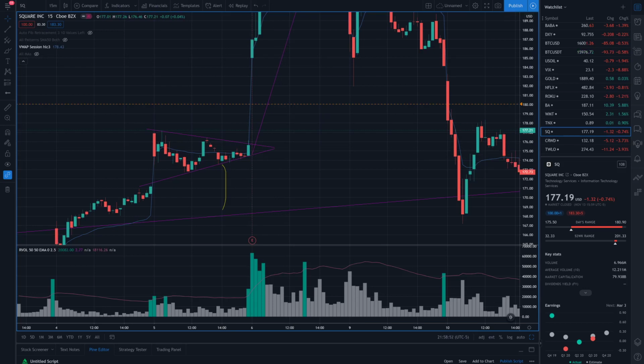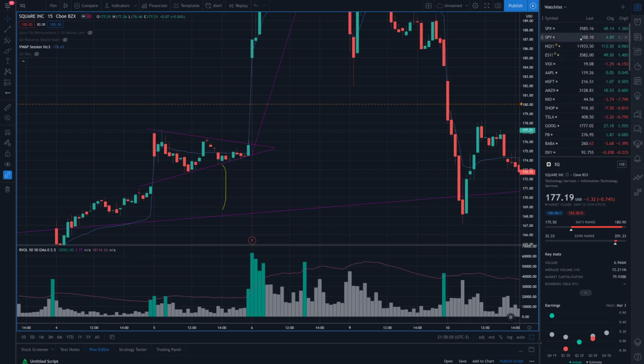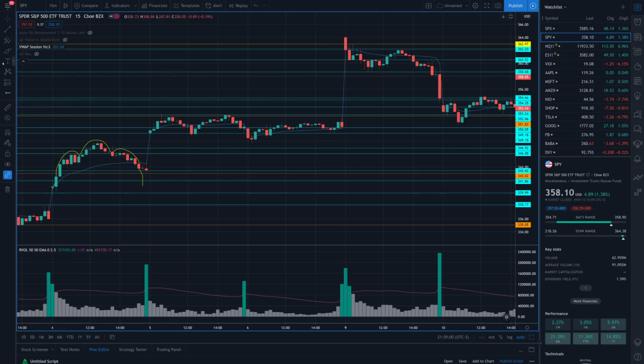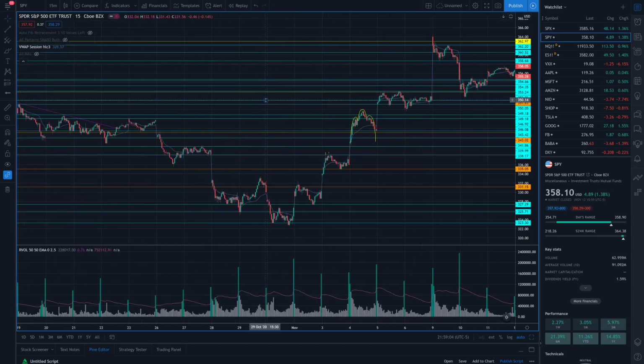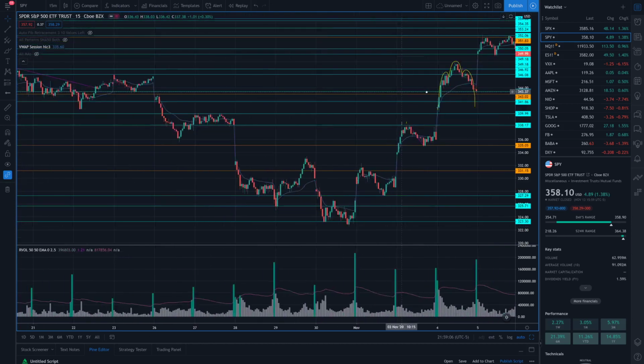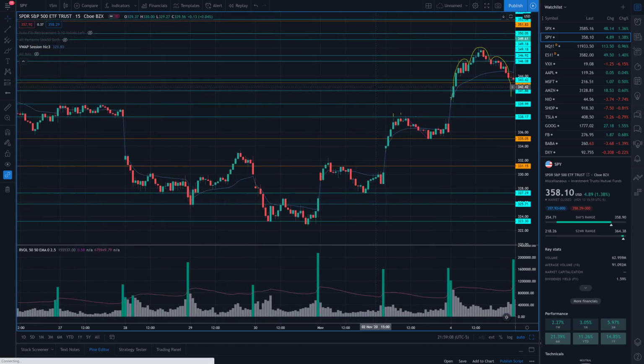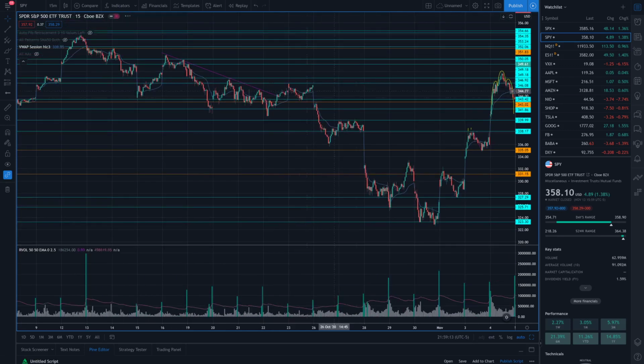The next pattern I want to cover is a cup and handle. A cup and handle is another type of bullish pattern. I'll explain what it looks like real quick.